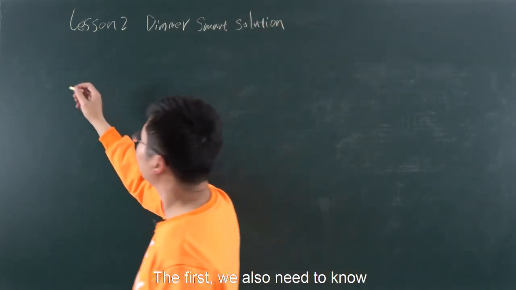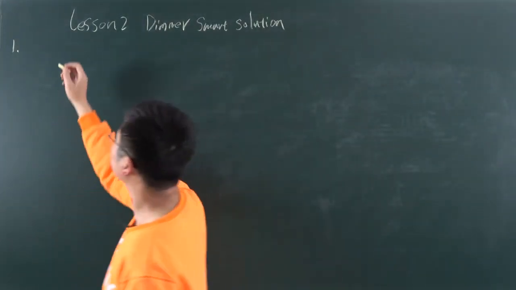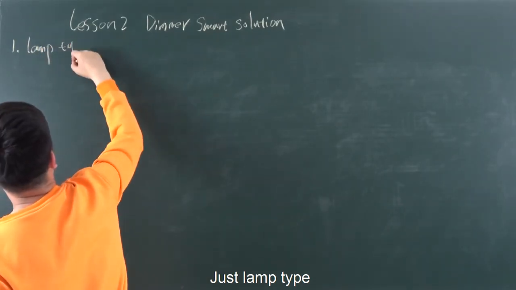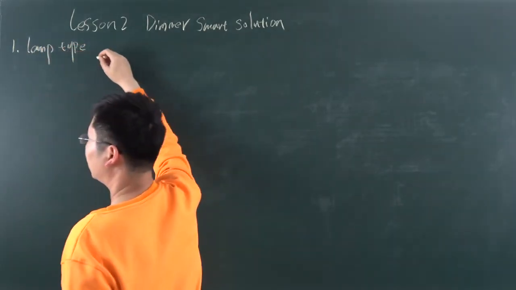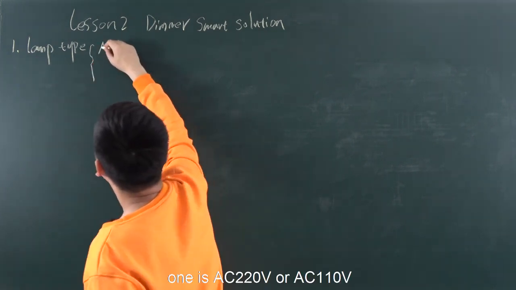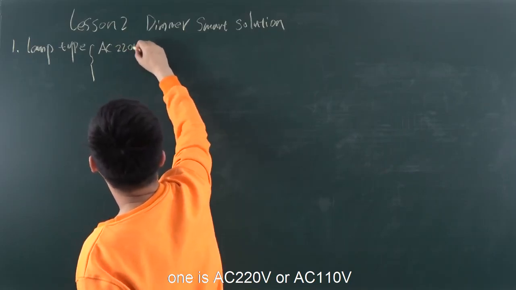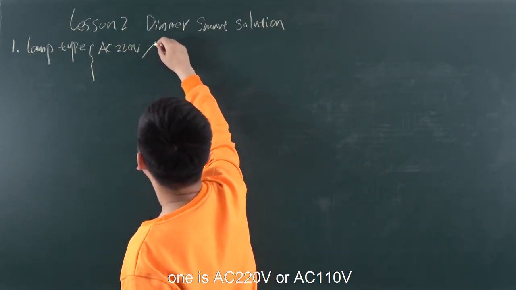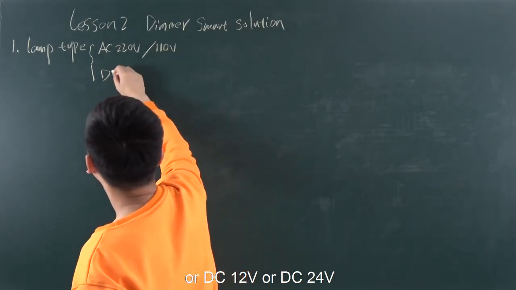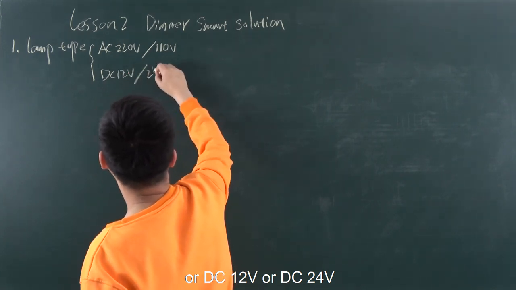First, we need to know what type your lamp is. We have two kinds. One is AC 220 voltage or AC 110 voltage, or DC 12 voltage or DC 24 voltage.